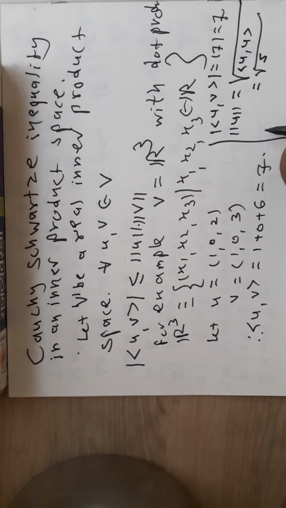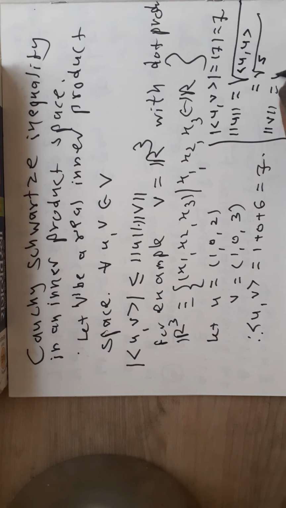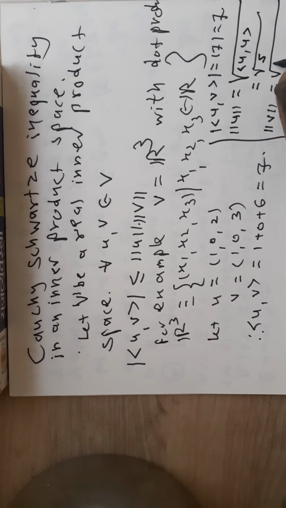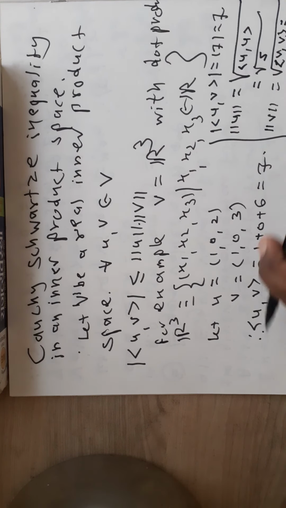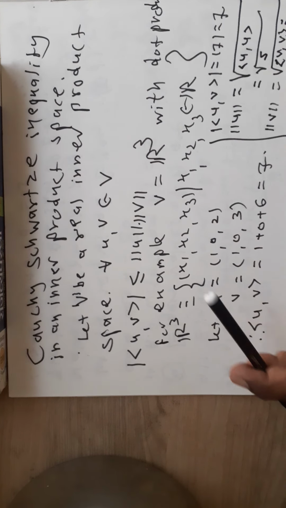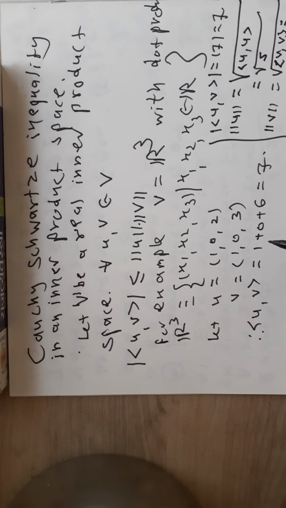Similarly, the norm of v is equal to the square root of angle bracket v comma v. Now angle bracket v comma v is equal to 1 plus 9, which is 10. Therefore, the norm of v is equal to root 10.